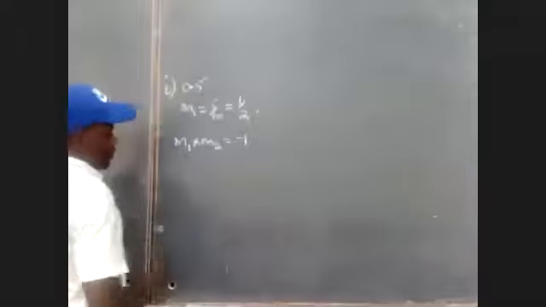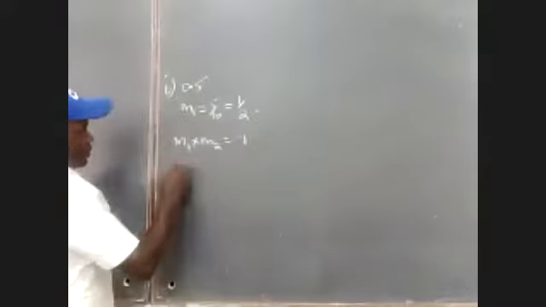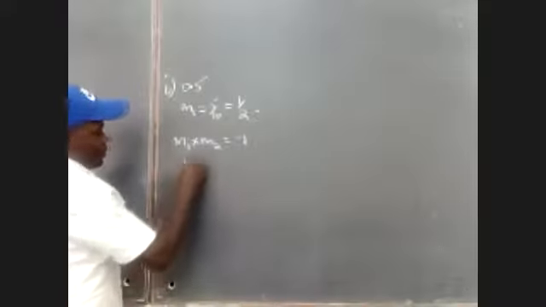A half. That's good. So M1 times M2 equals -1. Then a half times M2 equals -1. Then you multiply both sides by 2.